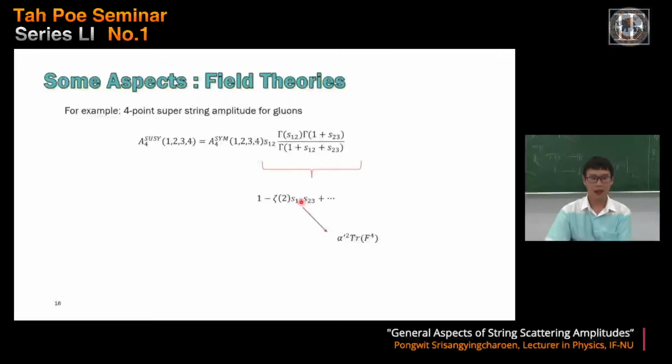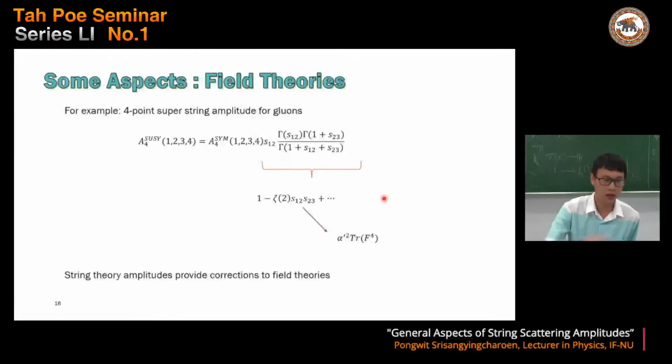There are two S terms here, which means our correction is of order alpha prime squared. The correction is known as the quartic term correction, which is the F4 theory. So what I would like to say is that string theory can provide corrections to field theory.